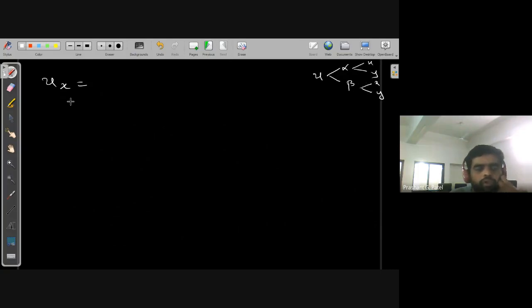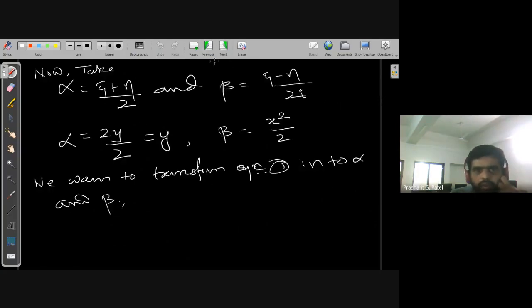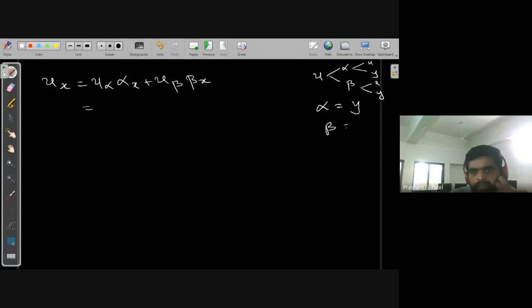So this is the situation you have. u x will be u alpha, alpha x plus u beta, beta x. So alpha x, what is alpha? We have it as y, and beta is x square by 2. So alpha x is 0, alpha y is 1, beta x is x, and beta y is 0. So this will be 0, and beta x will give me x, so it is x into u beta that you will have.